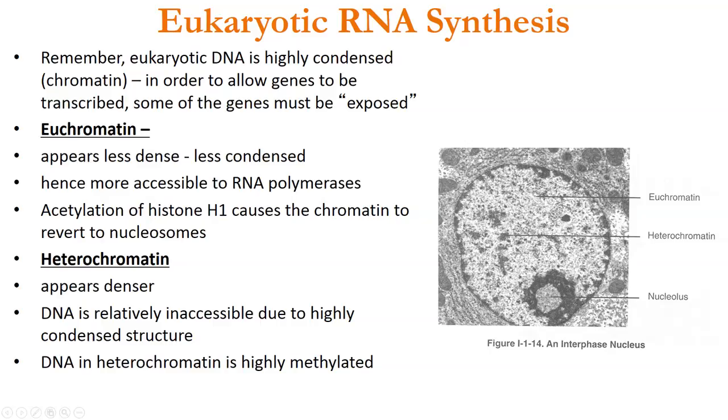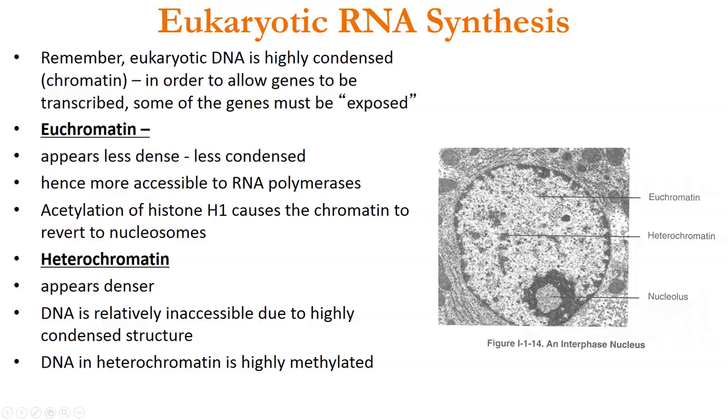That structure we talked about a few lectures ago, you have to have it in an exposed state, which for eukaryotes happens to be that beads on a string model. You don't have to make it completely naked. Once you get down to the beads on a string model where you just have the nucleosomes, that DNA in that form is able to be transcribed.